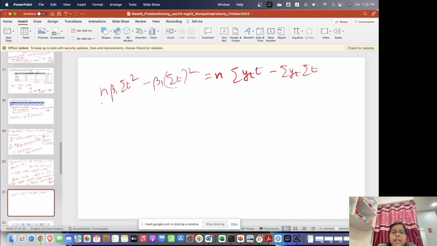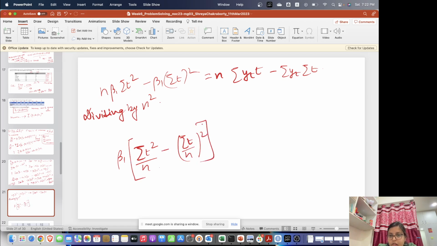So if I divide both the sides by n square, what we are going to get? Beta 1 times summation t square by n minus summation t by n whole square equals to 1 by n summation y_t t minus summation y_t by n summation t by n.